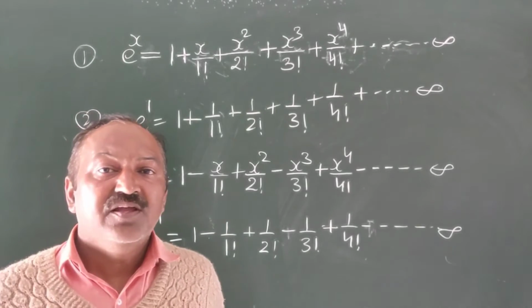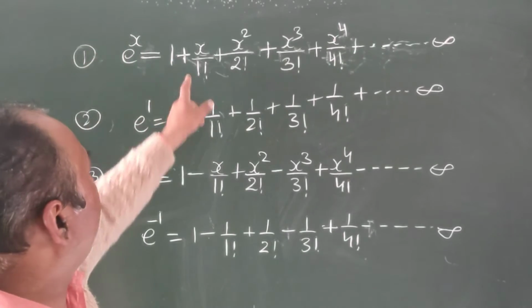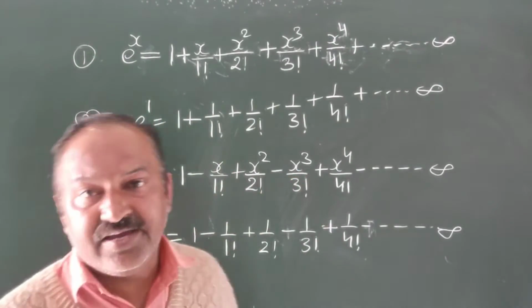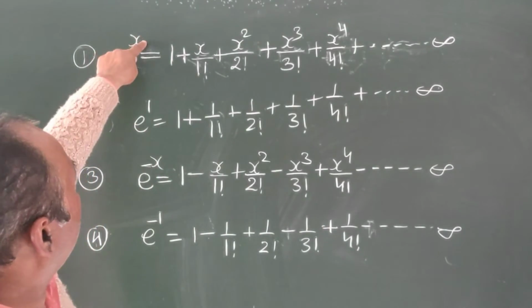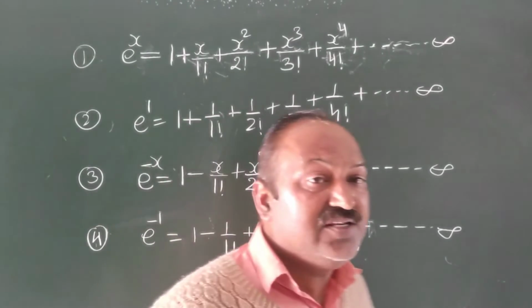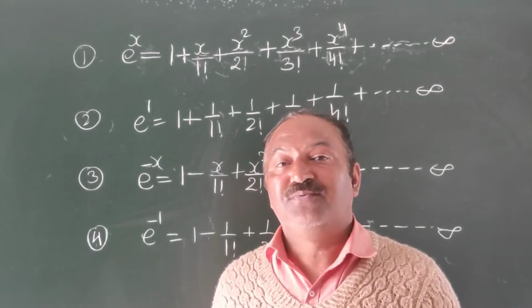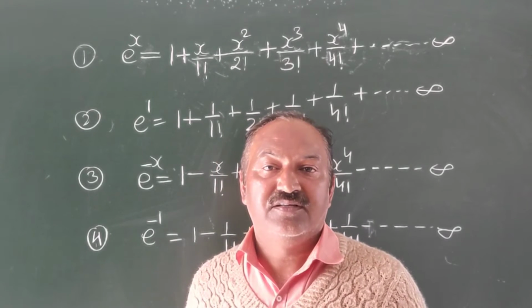अब बच्चों हम ये डिस्कस करेंगे कि e raised to power x के फार्मूले में यदि e raised to power minus x का फार्मूला ऐड करें तो क्या मिलता है, और सिमिलरली e raised to power x के फार्मूले में e raised to power minus x का फार्मूला subtract करें तो हमें क्या प्राप्त होगा. We will get a very important result.